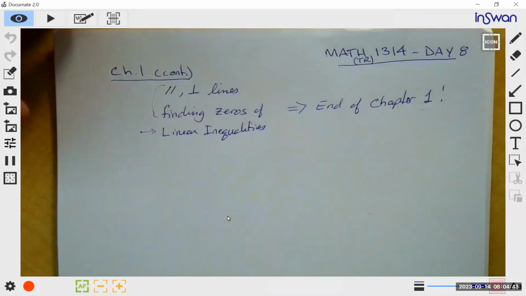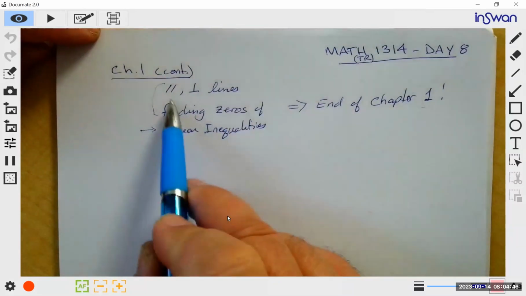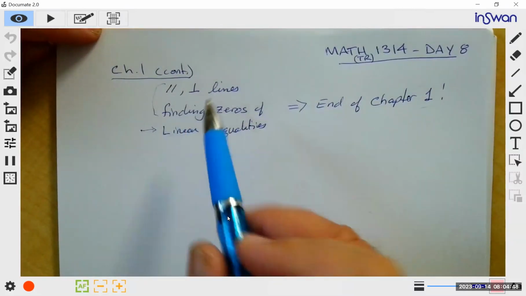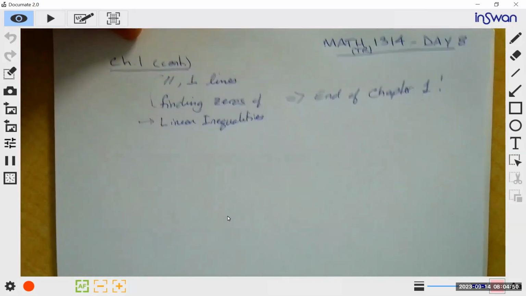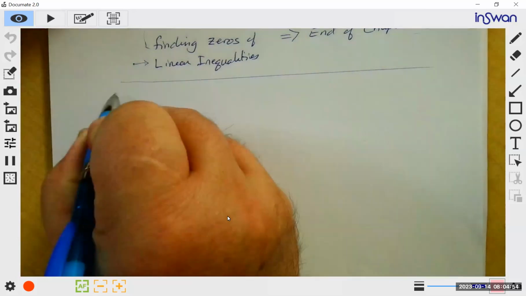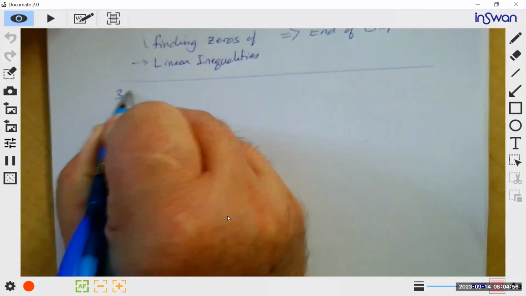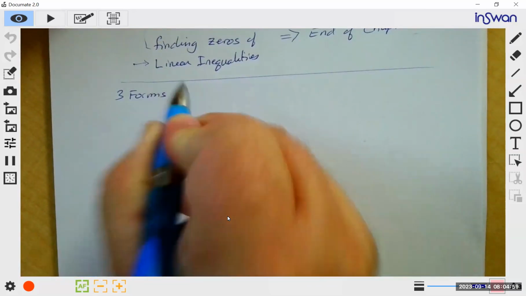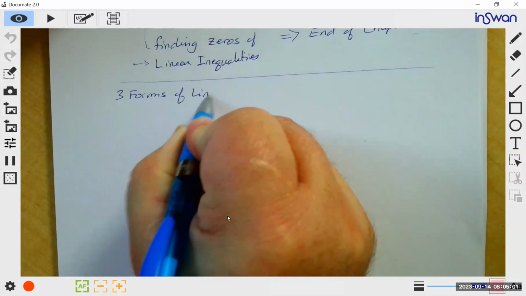All right, let's first begin by reviewing parallel perpendicular lines. Actually, let's go over the three forms of lines.